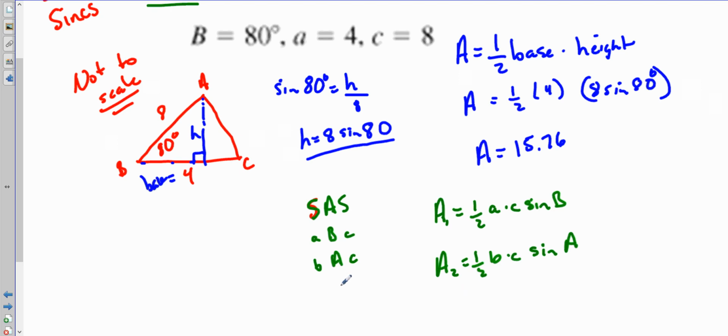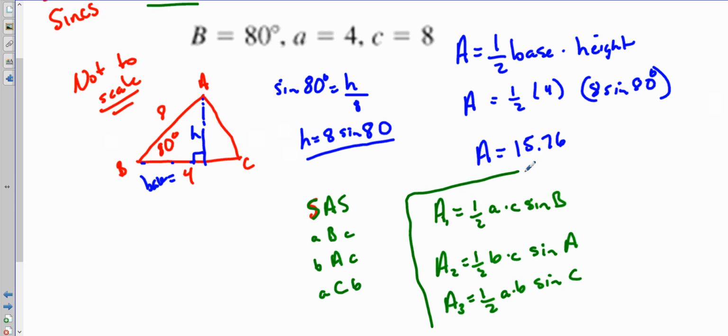And if we put C here, then the sides are A and B. So if we're given angle C, the area is going to be 1/2 A times B times the sine of C. And these are the three different ways you can find the area given side, angle, side.